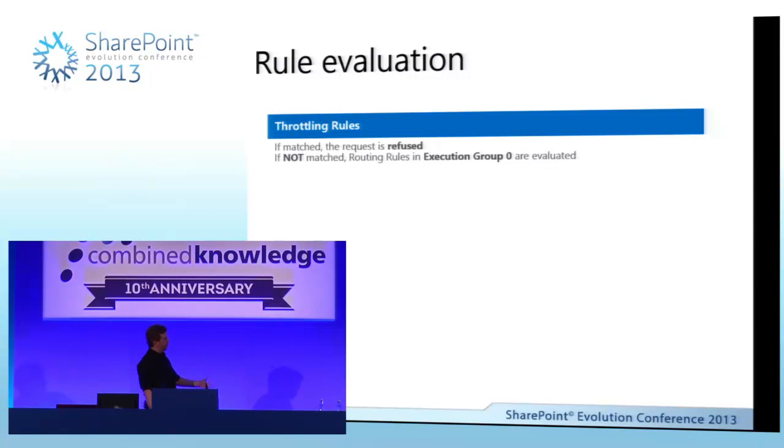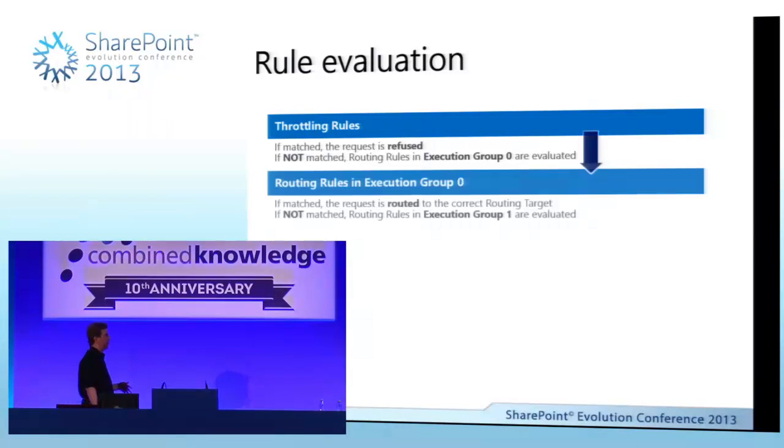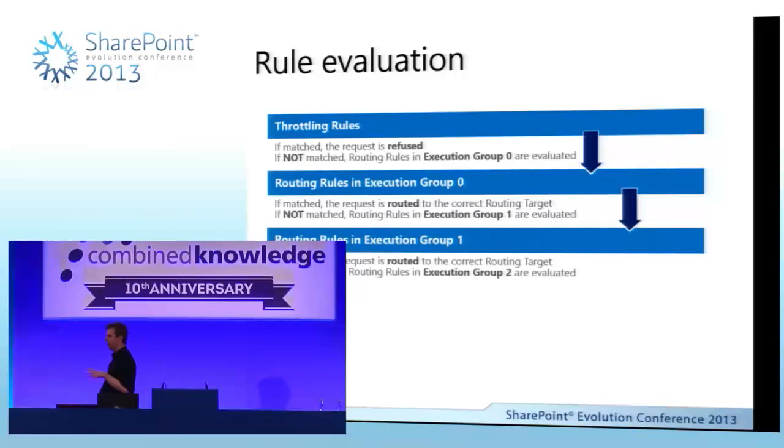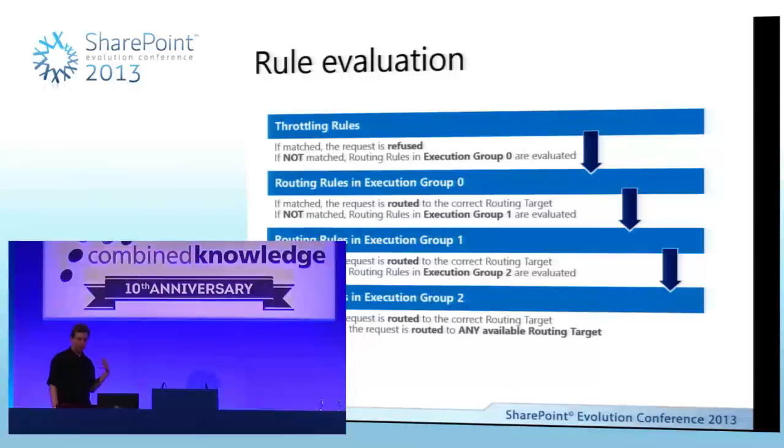So we evaluate these rules via execution groups. The very first thing we'll do is look to the throttling rules, and if we match a throttling rule, then the request is refused, we kill the connection. If we don't match any, we'll then go ahead and evaluate the routing rules in execution group 0. If we match in here, we'll route to the appropriate machine target, or routing target, I should say. If we don't match, we go on to execution group 1, and then we'll go on to execution group 2.